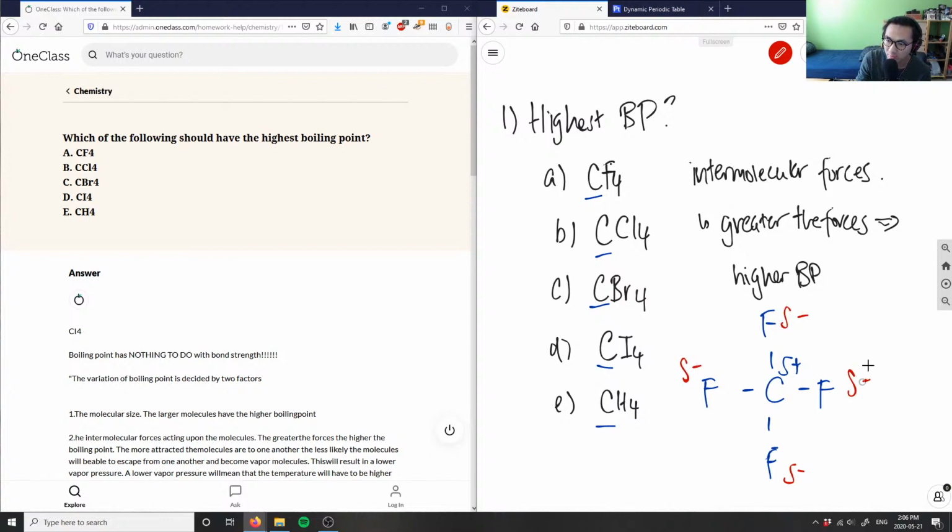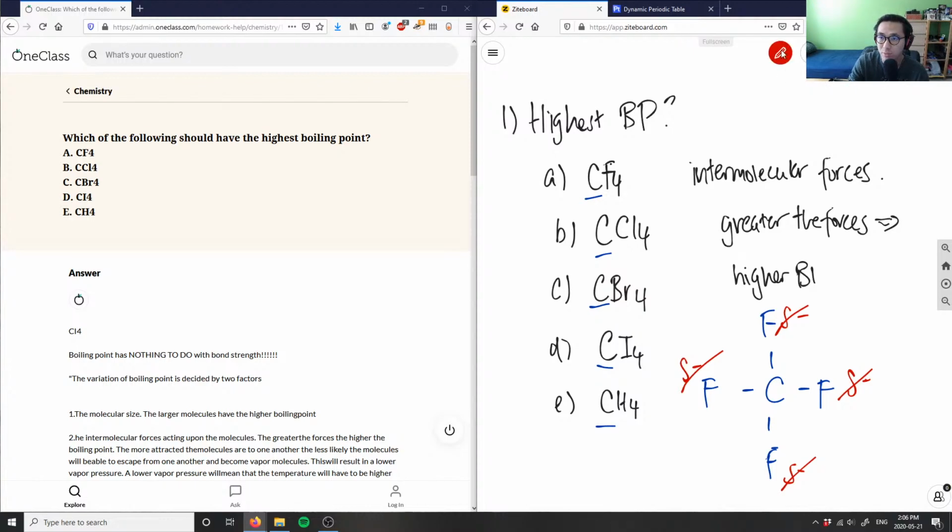If it's pulling in all four directions, the net dipole for this molecule is 0, because the left and right vectors cancel out, and the top and bottom cancel out. So there's no net dipole, and this compound is nonpolar.